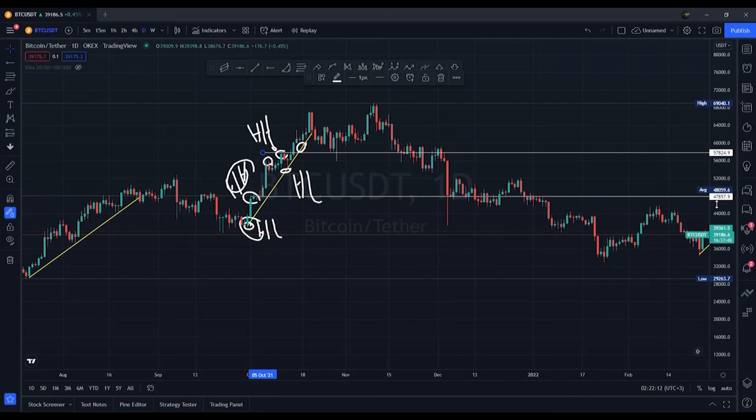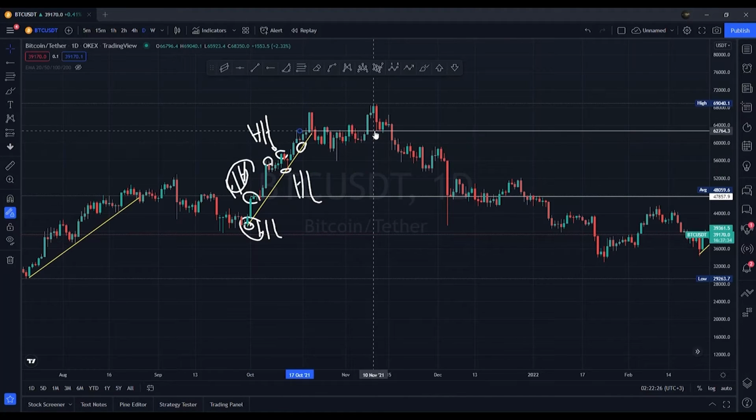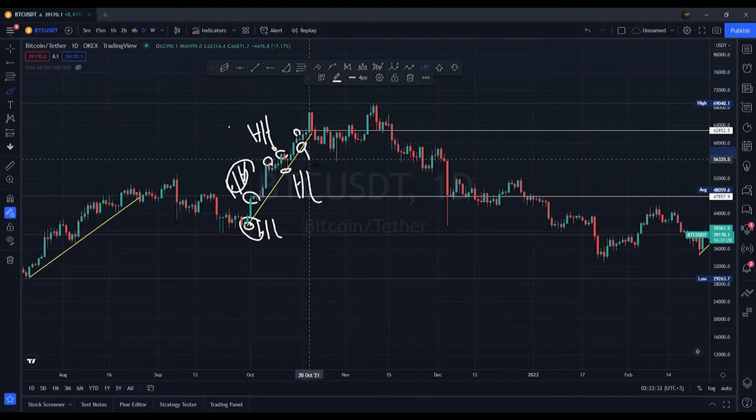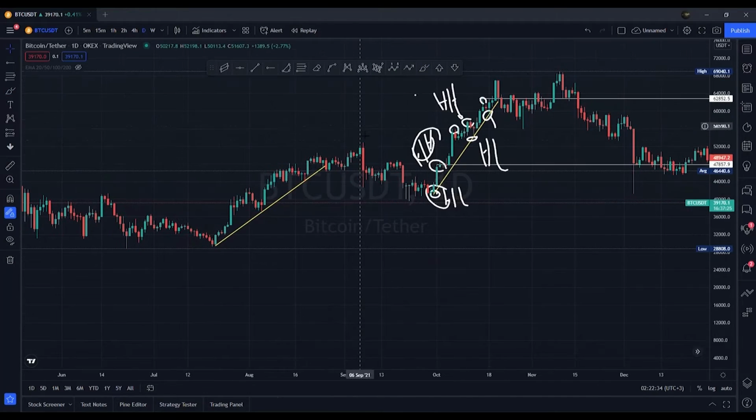The previous higher high was 47k and the new higher high is 57k. This here is the new higher high, and this is a new higher low.